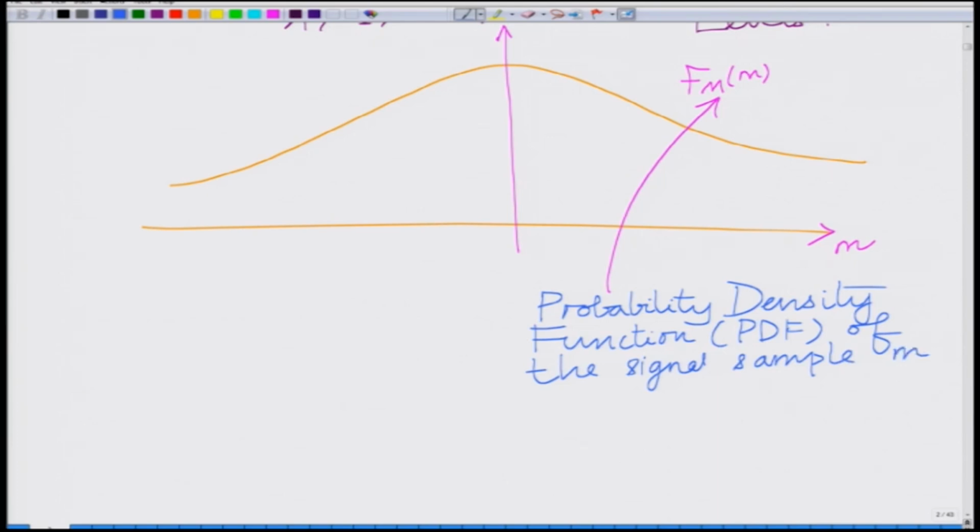Let us consider the signal sample m is random in nature, and it is characterized by this probability density function f m of m.